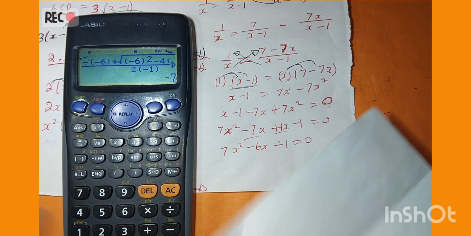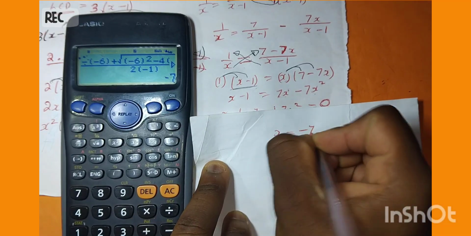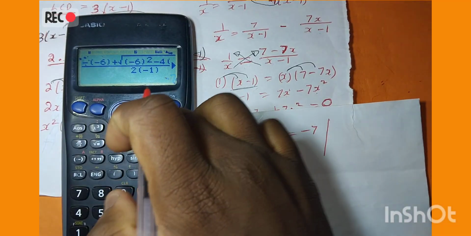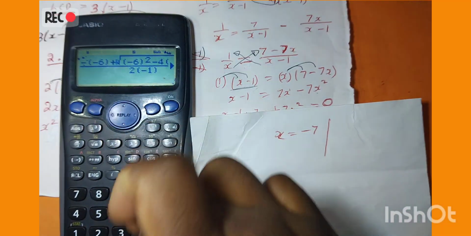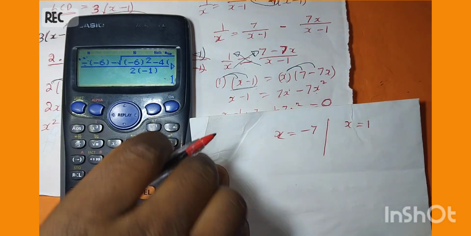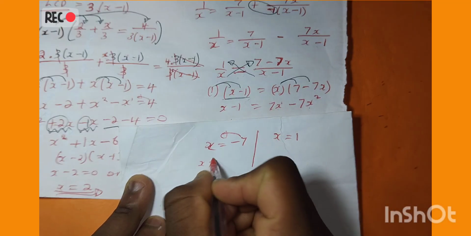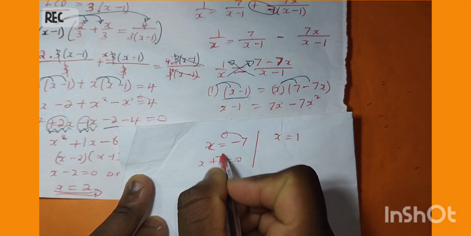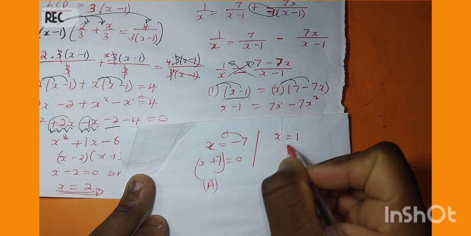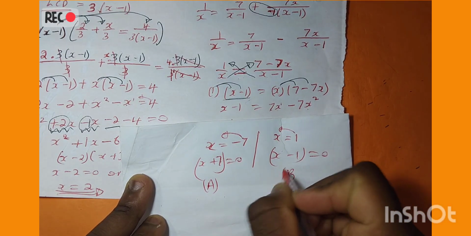You got 7 there, meaning this one there, it's x, which is minus 7. The other answer that you got there, it's supposed to be what? It's supposed to be positive 1. So let's factorize this thing there. Take this thing to the other side, it becomes 7, meaning this one is bracket A. Take that thing there to the other side. That one is bracket B.